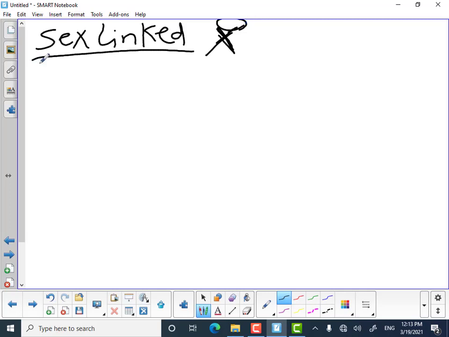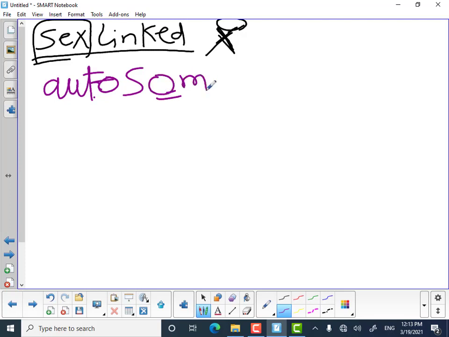But as we all know, these features are carried on the autosomes, but the scientists found some characters not found in the autosomes. These characters are found on the sex chromosome.